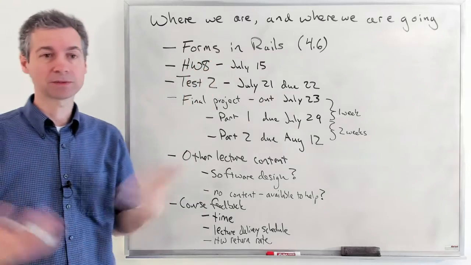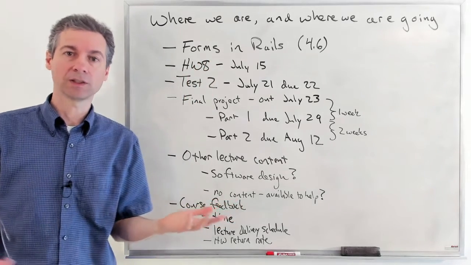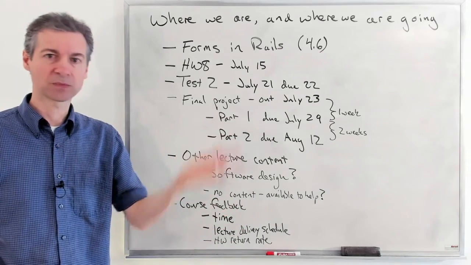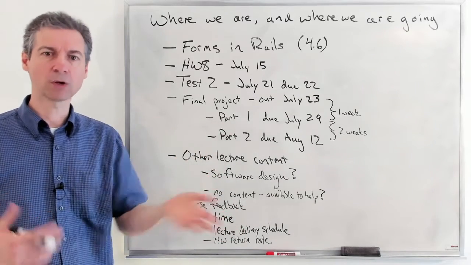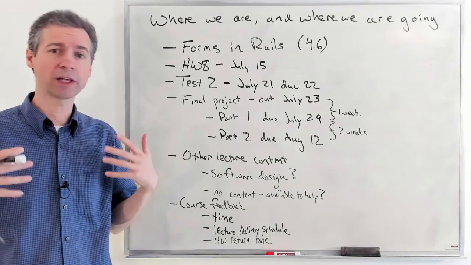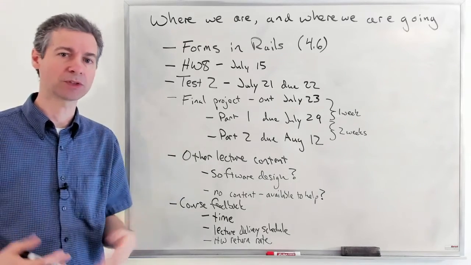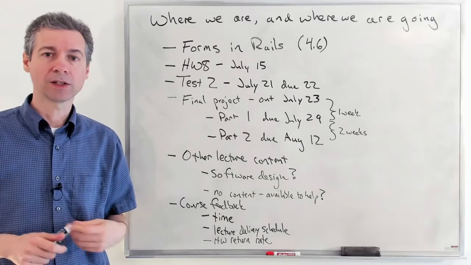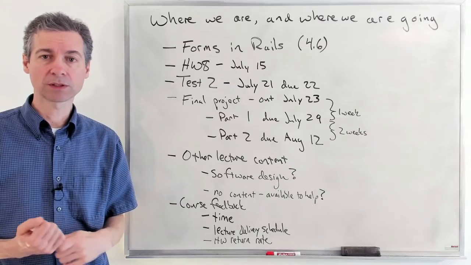What I'm covering in lecture about forms and rails is in the homework, particularly homework 6 and homework 8. So the lectures are absolutely to complement, to help you understand things, but it's also written up there.